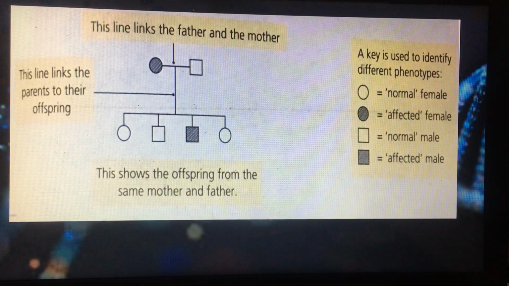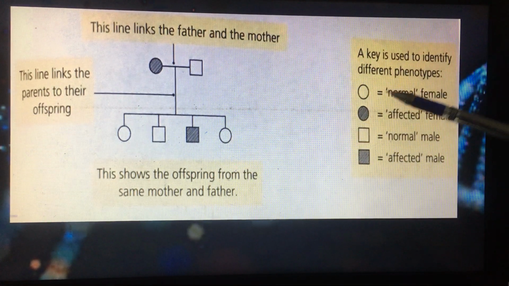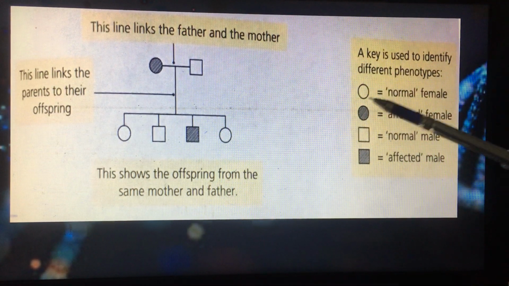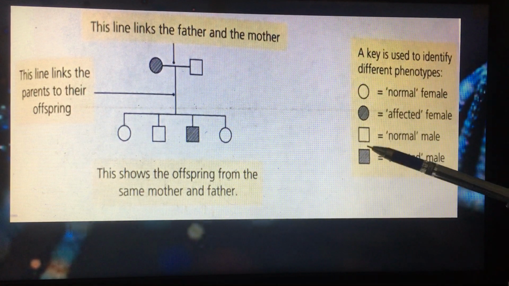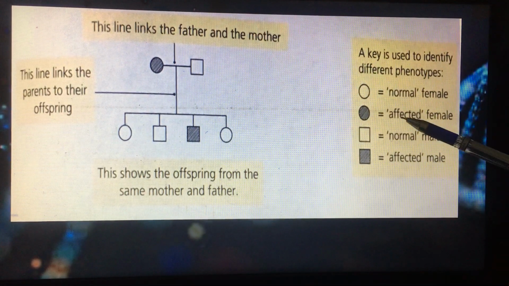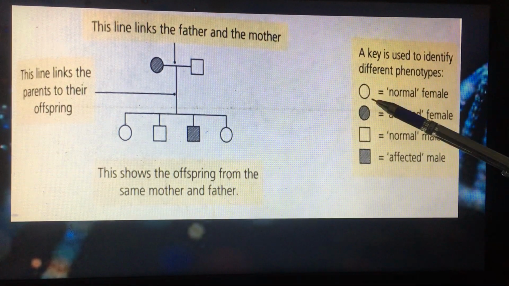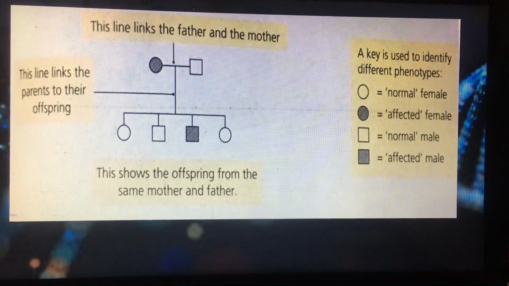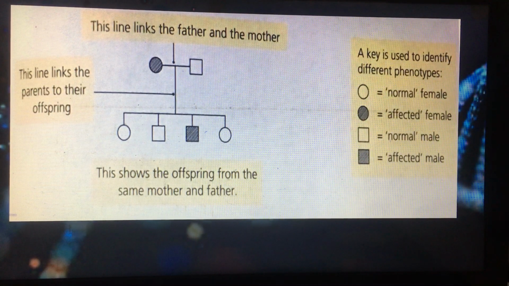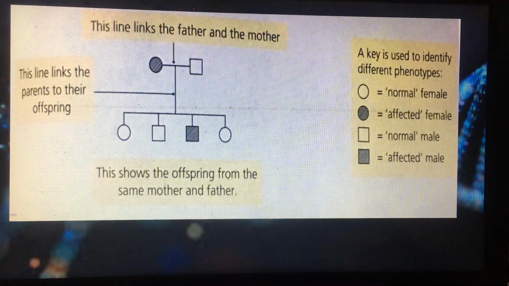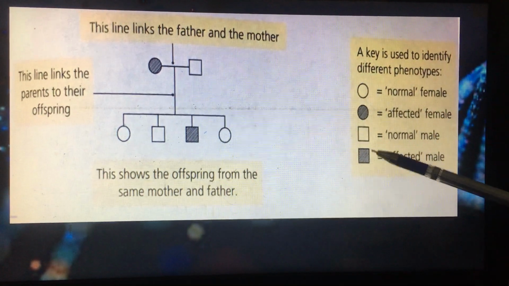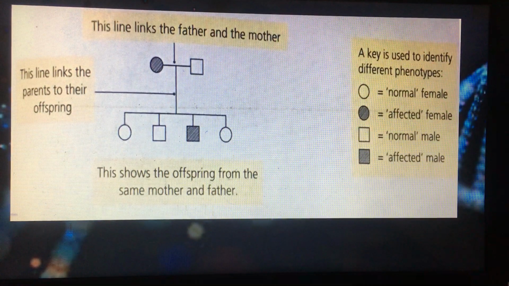Those keys: the first one, normal female. Circles are for female and squares are for male. If the female is affected, the circle will be shaded. And if the male is also affected with a recessive allele, we shade the square.